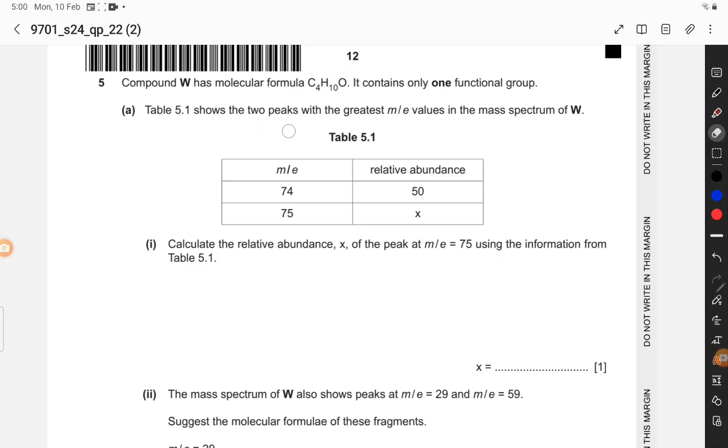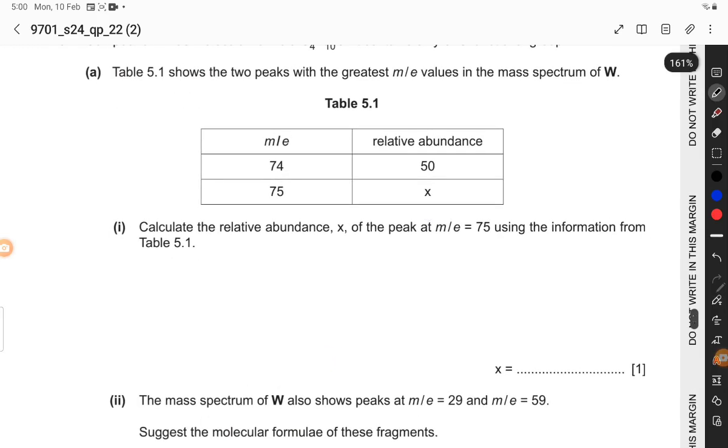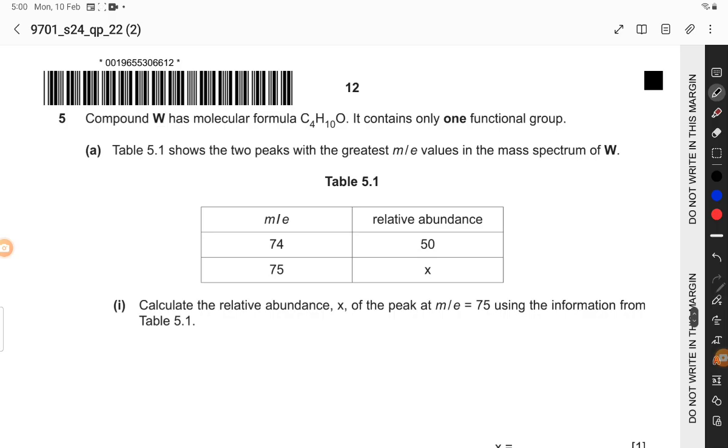Table 5.1 shows the two peaks with the greatest mass over charge values in the mass spectrum of W. So 74 is the relative abundance of this, the M peak is 50, and this is 75, or this is X. So the bigger molecular mass is represented with the M plus 1 peak, and this is the M peak.